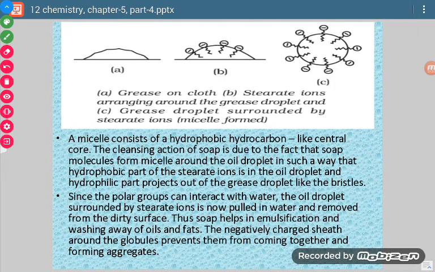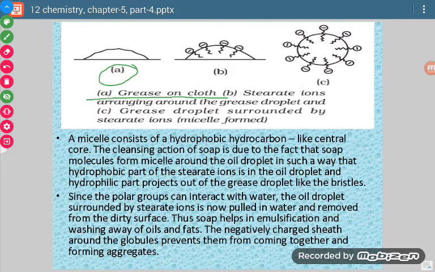Now how it cleans the clothes, or how dirt is removed, that also we are going to discuss. Now see, here in this diagram, here you can see grease on cloth. Now see, when we are talking about the cleaning action, then our action is to remove dirt from the clothes.